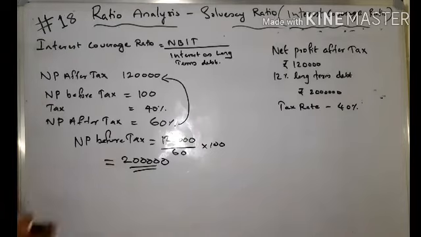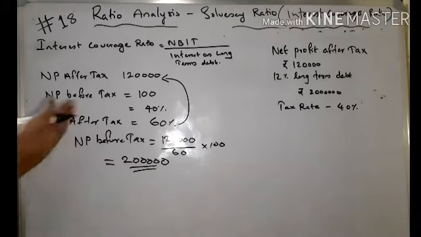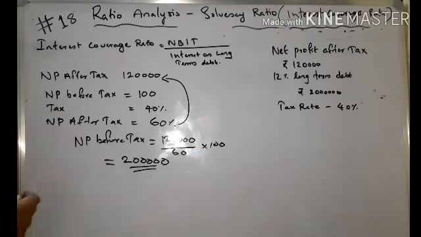Then next one, 12% long-term debt, that is rupees 20 lakhs. This 20 lakhs rupees the company took from debentures or from any other long-term lenders at 12% interest. 12% long-term means the rate of interest is 12%. So we can calculate interest.